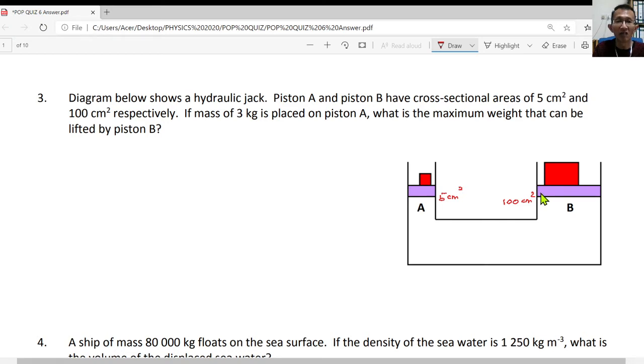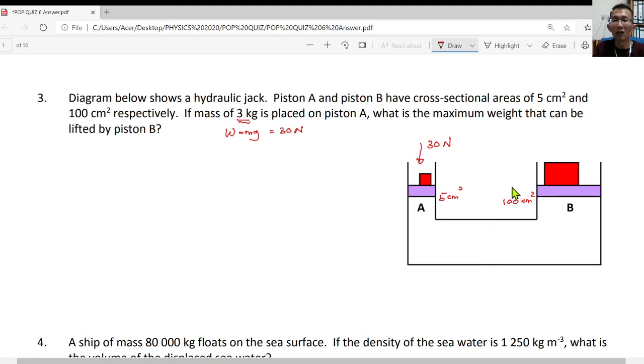I have a mass of 3 kilogram on piston A. So mass is 3 kilogram, therefore the weight equals mg, so here I have 30 Newton. So I have a force pressing this smaller piston with a value of 30 Newton.